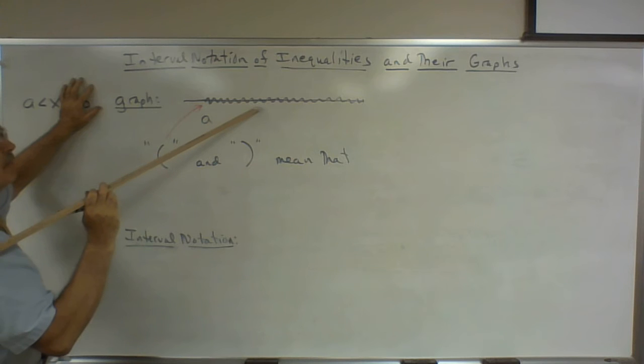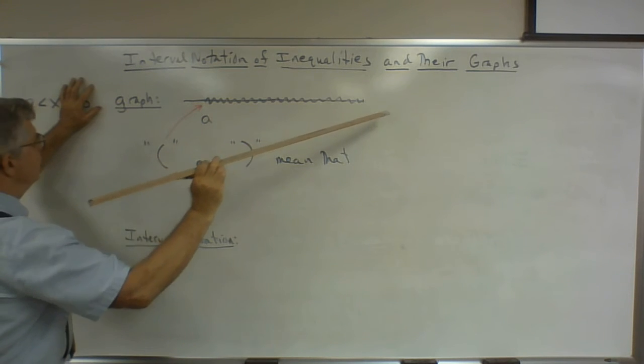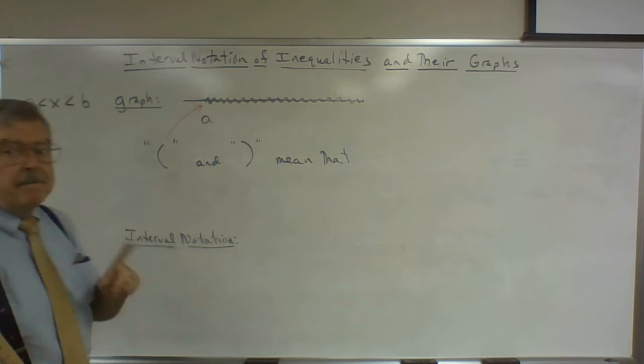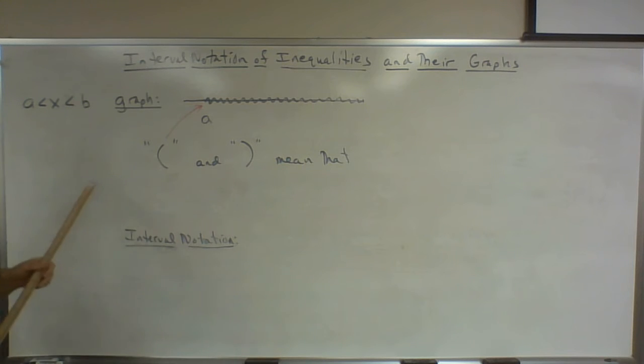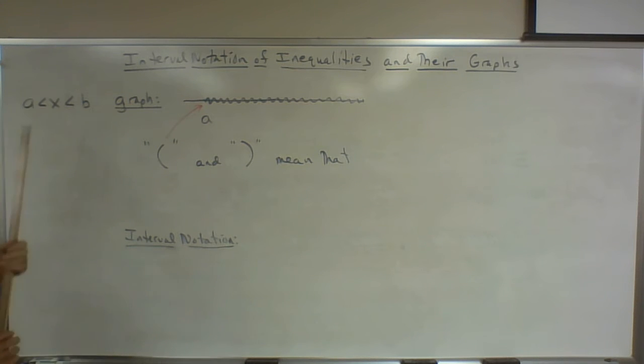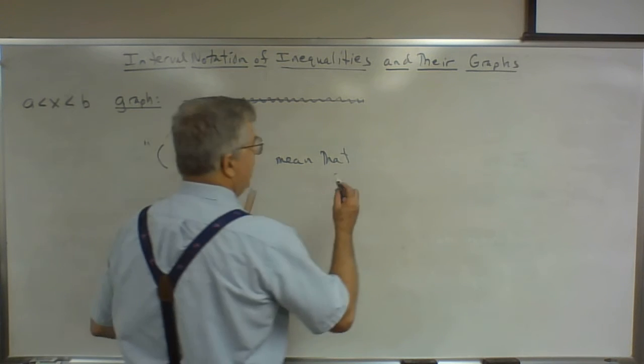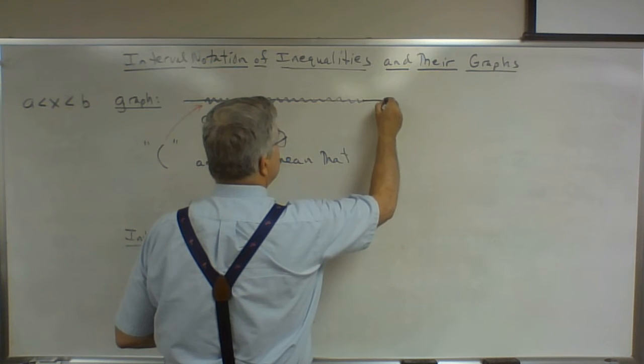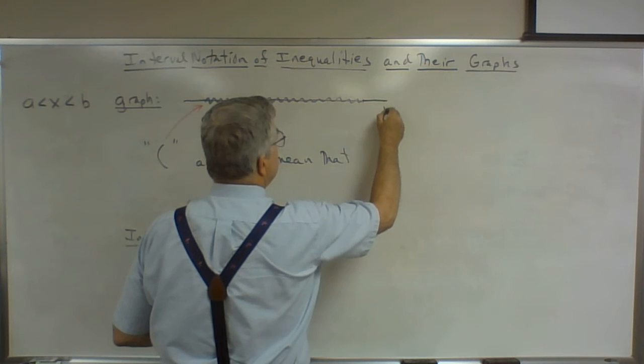Every number on the number line to the right of A is a solution. But our inequality also tells us that x is less than b. So let's find b on this number line. Here it is. Here's b.